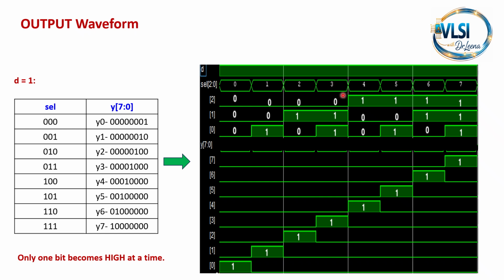And when sel is 0, 1, 1, it selects Y3. And when sel is 1, 0, 0, it selects Y4. When sel is 1, 0, 1, it selects Y5. When sel is 1, 1, 0, it selects Y6. And when sel is 1, 1, 1, it selects Y7. So this is the waveform of the 1:8 demultiplexer.